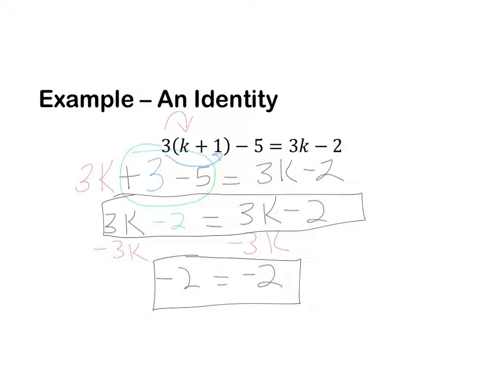An identity means that any number you substitute in for that variable is going to be a solution. So your solution here is all real numbers. Anything you plug in will work, and this is the math symbol here for all real numbers. So your solution is any real number you plug in.